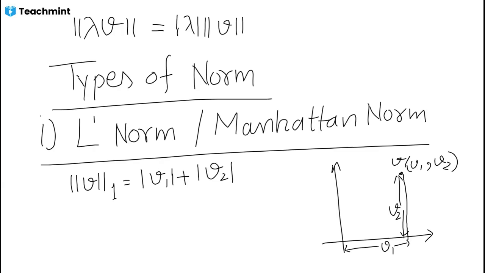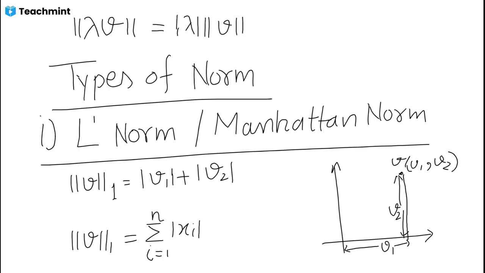Now let us learn the next. If we have n components, not only two, then we can define the L1 norm of any vector using summation i equal to 1 up to n, because we have n components, of the absolute value of xi.